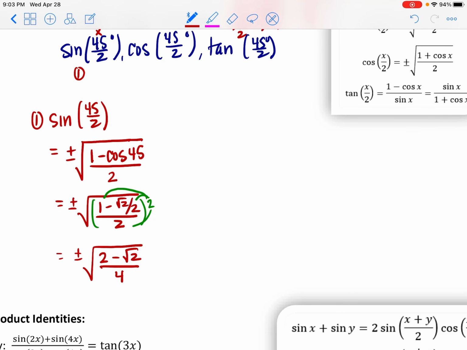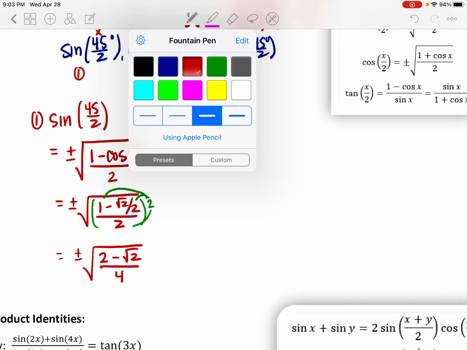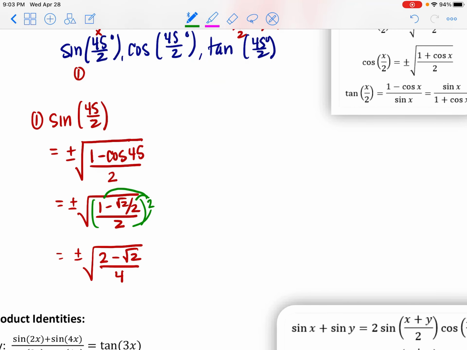So we're here. I could probably factor out a fourth from that, and I might want to do that because I can take the square root of a fourth, but if you got this far with it, I'm really okay with this as an answer. Let me show you what I'm saying. If I just look at the radicand, if I factored out a 1/4, then I would still have a 2 minus radical 2 here, and then I would just have a 1 on the bottom, so 2 minus radical 2. And I might want to do that because I can square root this part of it.